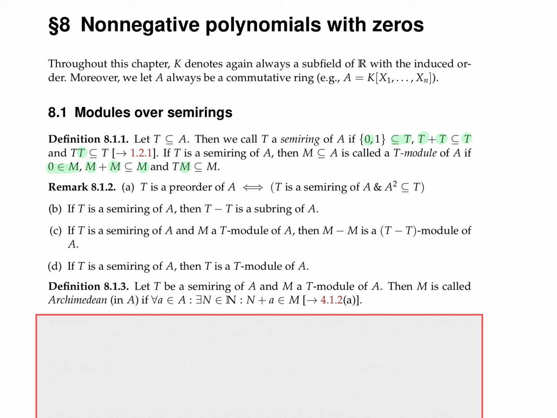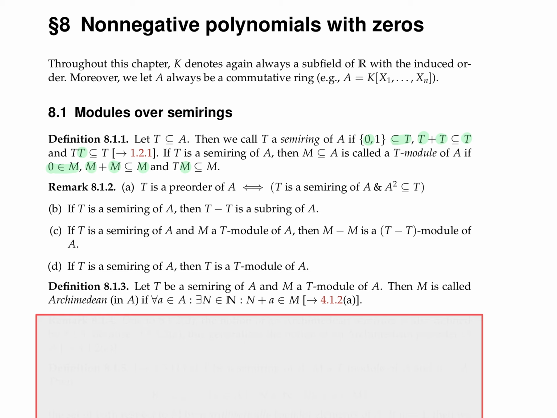Note that we have now defined not only the notion of an Archimedean T module, or an Archimedean module over a semiring, but also the notion of an Archimedean semiring, right? Because T is a module over itself. A semiring is a module over itself. So that's why we have also defined now the notion of an Archimedean semiring. And semirings were just generalizations of preorders, and that's exactly a generalization.